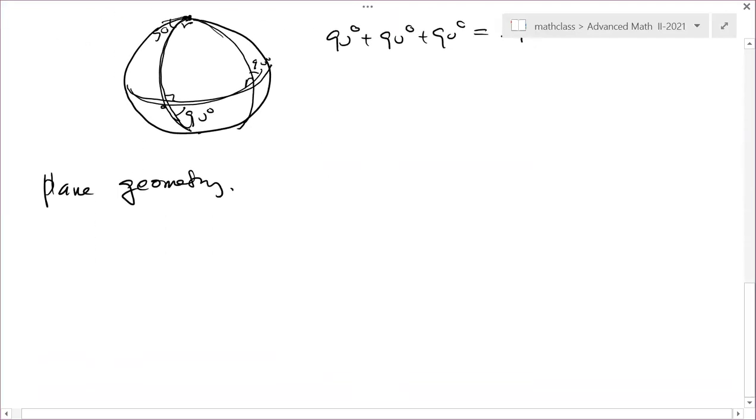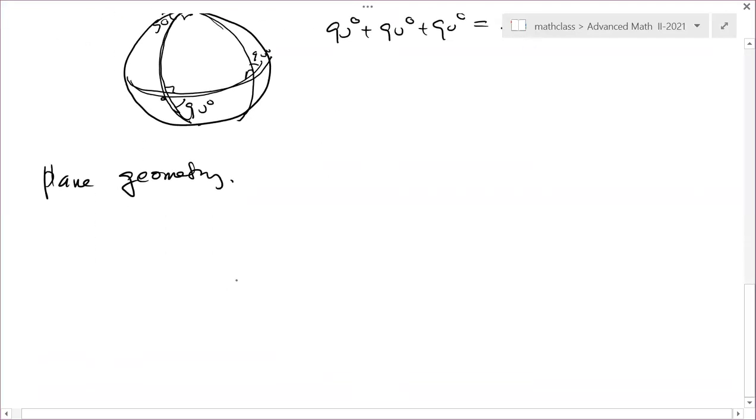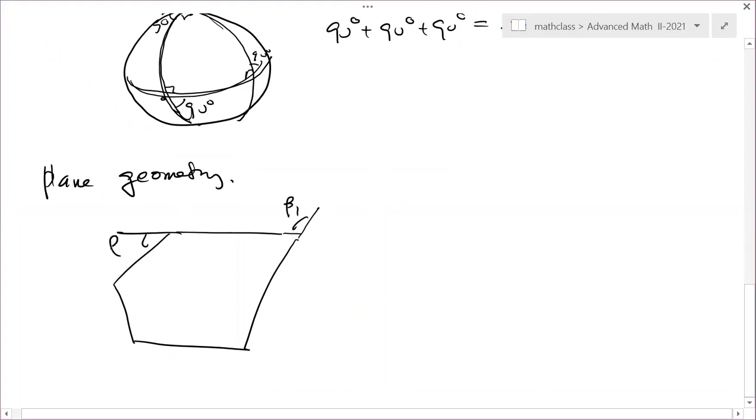Now we have the general fact for the exterior angle. How about the interior angle? This is the exterior angle beta 1, beta 2, and this is the interior angle alpha 1, alpha 2. Here's beta 3, that's alpha 3, and so on.